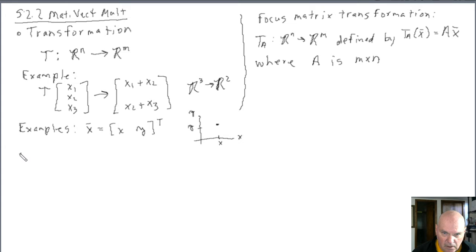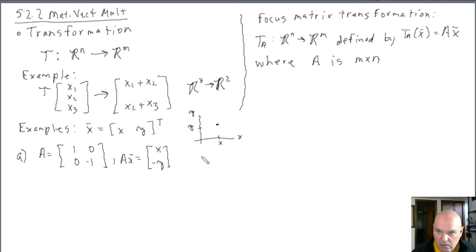So a couple of simple examples. If we let A equal 1, 0, 0, minus 1, then AX will be equal to X and minus Y. So a corresponding graph would be like this.